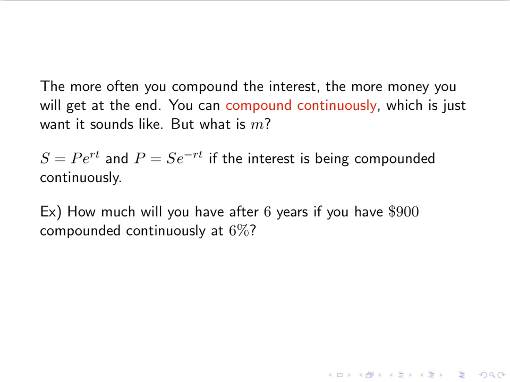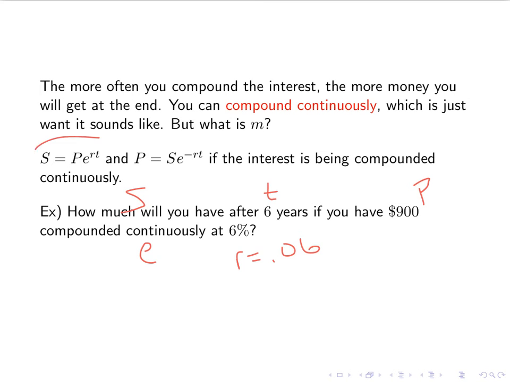So how much will you have after 6 years if you have $900 compounded continuously at 6%? So how much will you have? That's S, the future value. 6 years is T. You have 900. That's the present value. Compounded continuously, that means I'm going to be using E. 6% means R is 0.06.